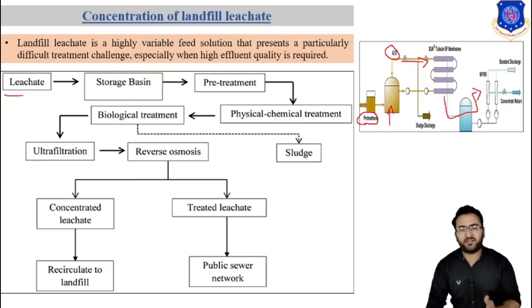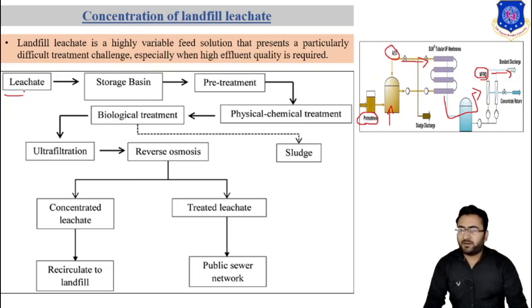Mostly reverse osmosis is used for the concentration of landfill leachate. If the TDS and other particles are at a low level in the mixture, then nanofiltration is used. Otherwise we can go for reverse osmosis and we will get pure water.